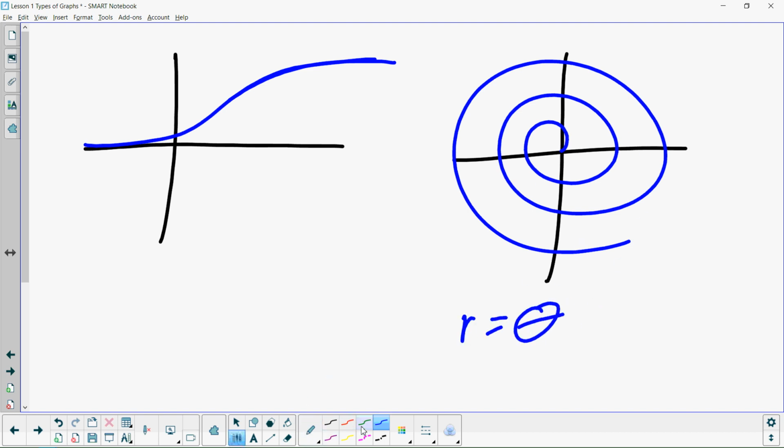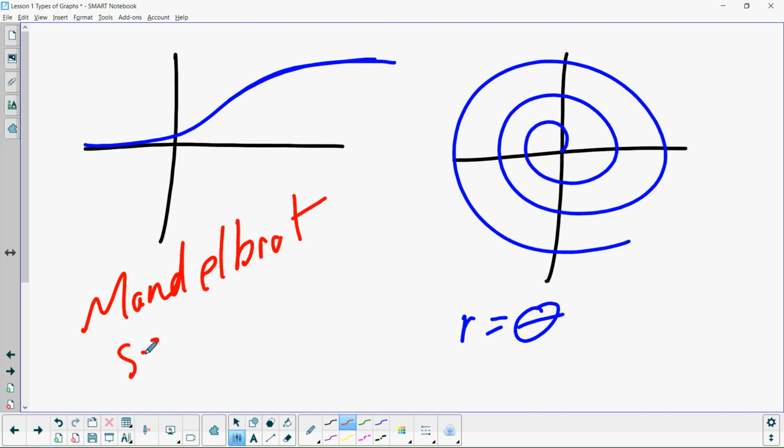You guys should Google the Mandelbrot set. Or actually, maybe fractal. Fractal? Spelling is hard. I'm a math teacher. This graph is really, really pretty.